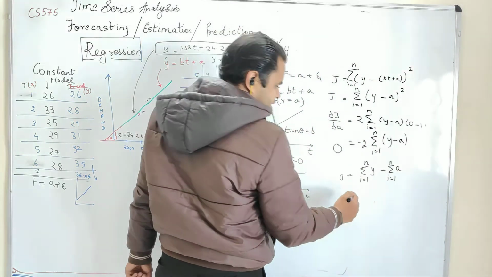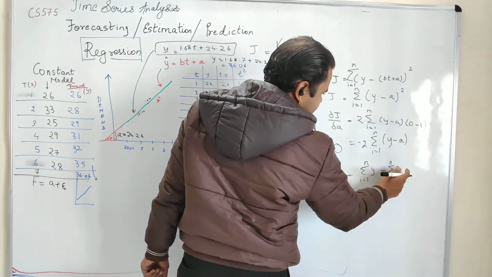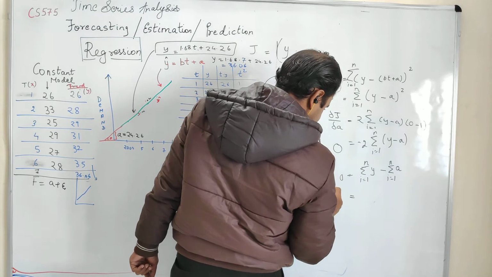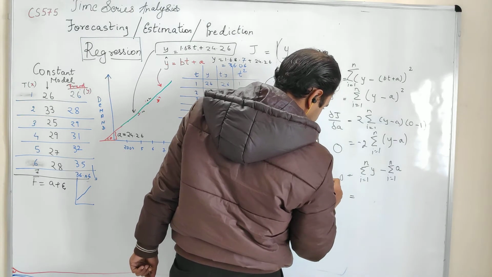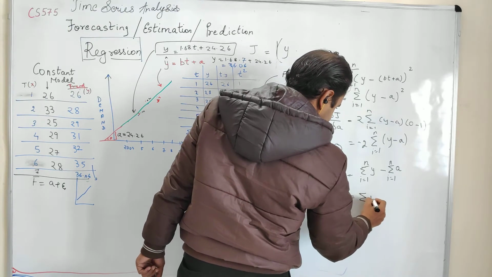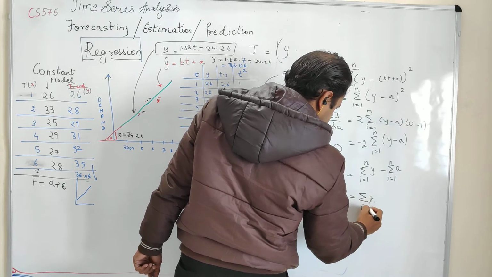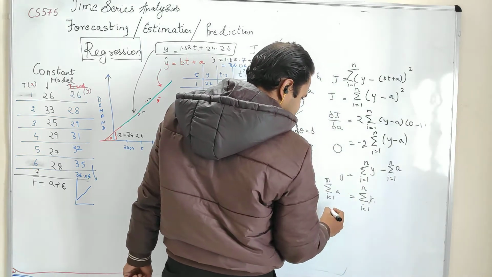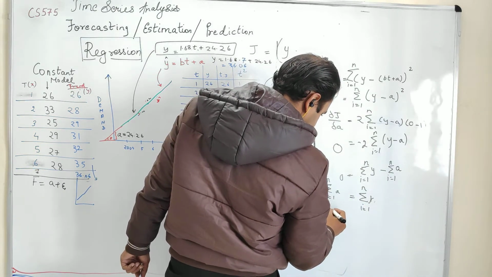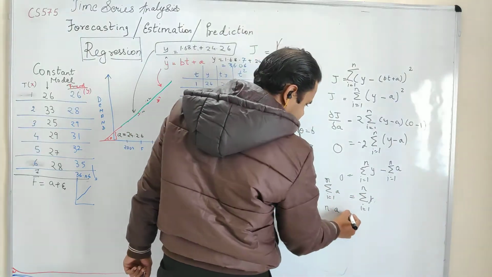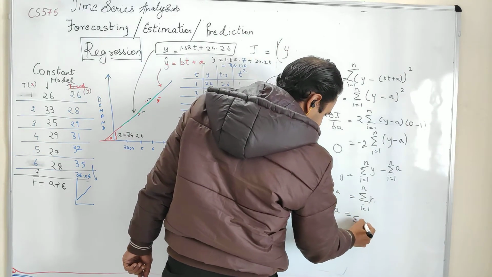Bringing a to this side, a is a constant, right? So the summation of a from i equal to 1 to n becomes n into a, because adding a constant n times becomes n into a.